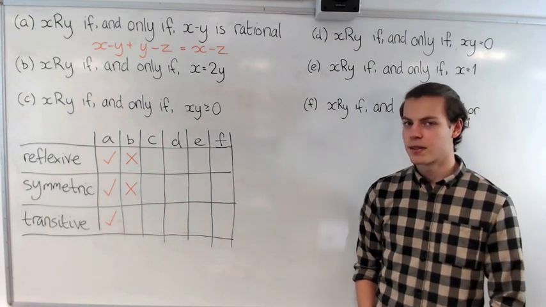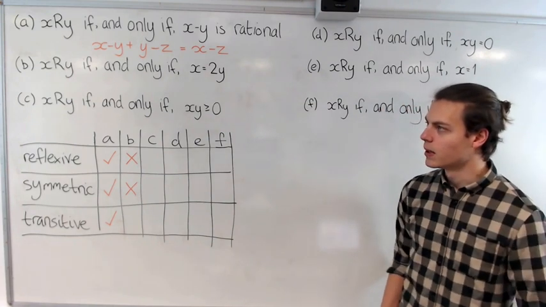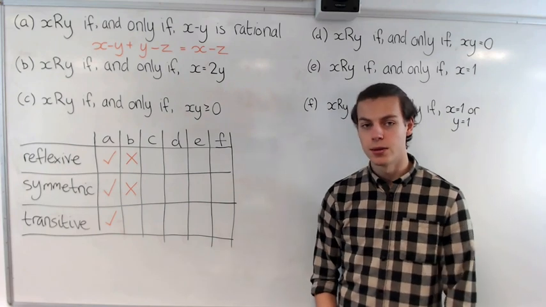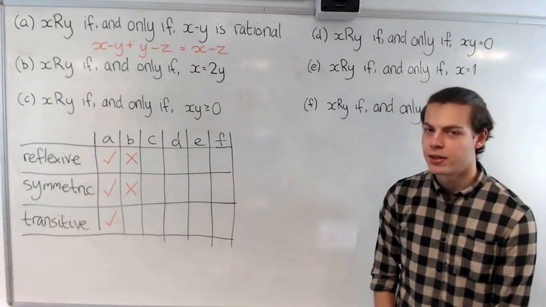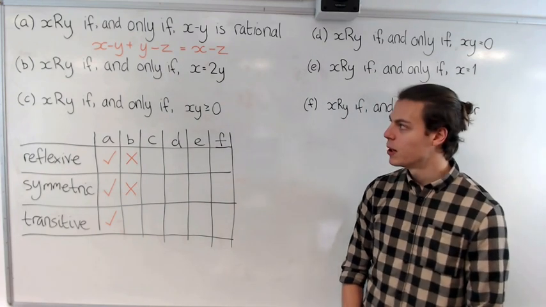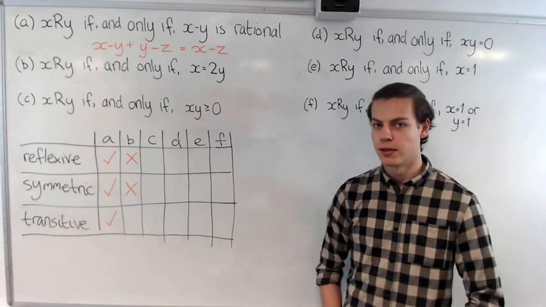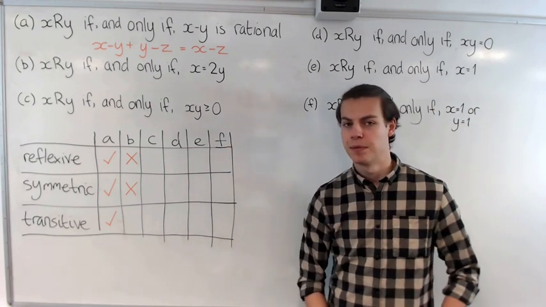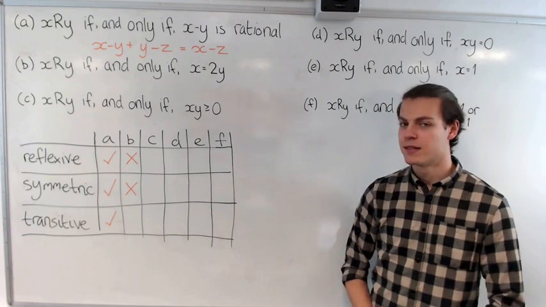Now, is this relation transitive? Well, 4 is related to 2, and 2 is related to 1. But 4 is not related to 1, right? 4 is not 2 times 1. So no, this relation is not transitive.